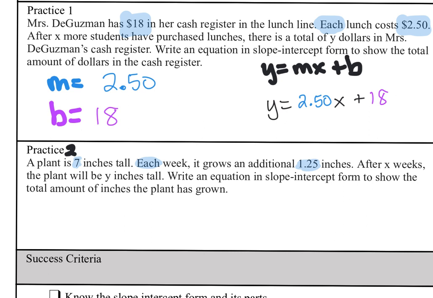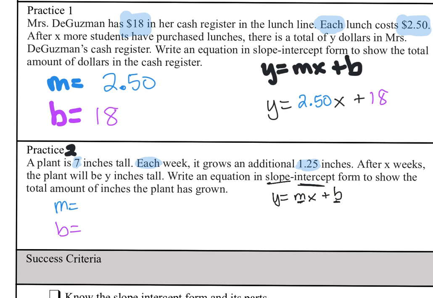If you haven't noticed, I haven't mentioned it, this is called slope-intercept form because in the equation, we identify the slope, there it is, M, and we identify the y-intercept. So that's why it's called slope-intercept.